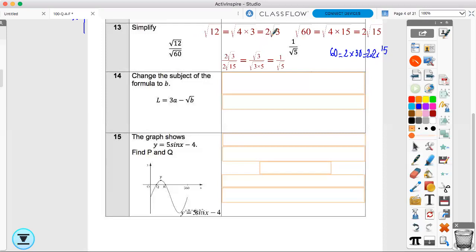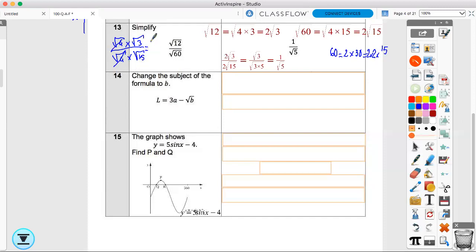So you might say to me, if I hadn't seen that root 4 is 2, for example, you can still write root 4 times root 3. And at the bottom, you would have root 4 times root 15. So you could have just gone like this first, root 3 over root 15.